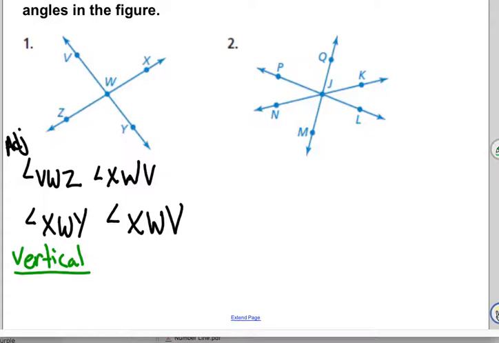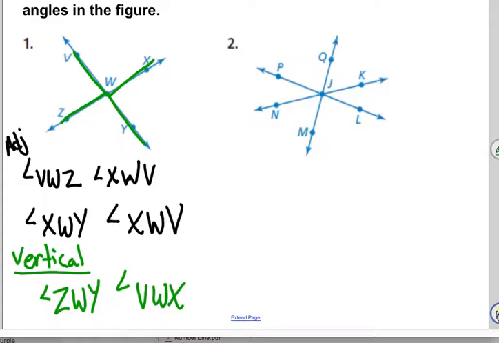Dakota? Angle ZWY and VWX. So we're looking at ZWY right here and VWX. Absolutely correct. There's another pair there. Give me one more pair.